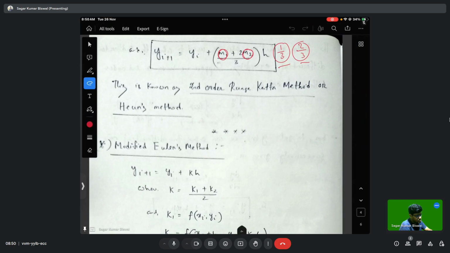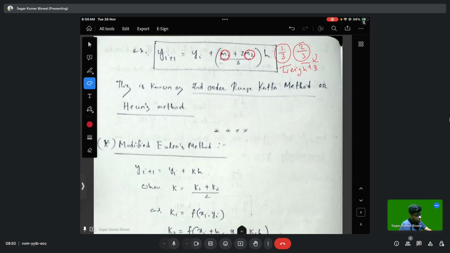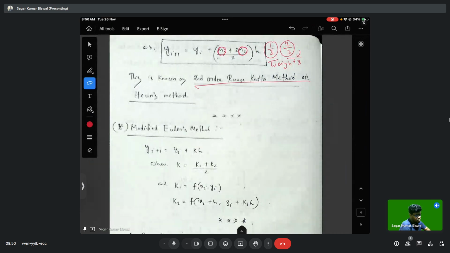These are the weights of the slopes m1 and m2. So this is known as the second order Runge-Kutta method, where you are using slope at two different points.